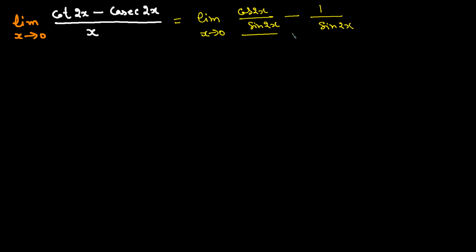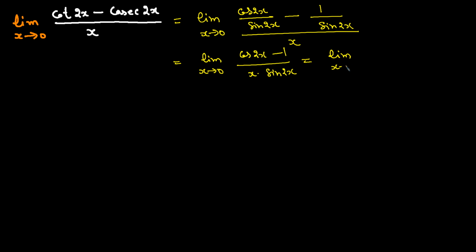Those are the basic trigonometric identities. So this is equal to the limit as x approaches 0 of cos 2x minus 1 over x times sine 2x. I'm going to rearrange this as the limit as x approaches 0 of negative 1 minus cos 2x over x times sine 2x, because I want to use the trigonometric identity here. That's why I rearranged it and took the negative out.